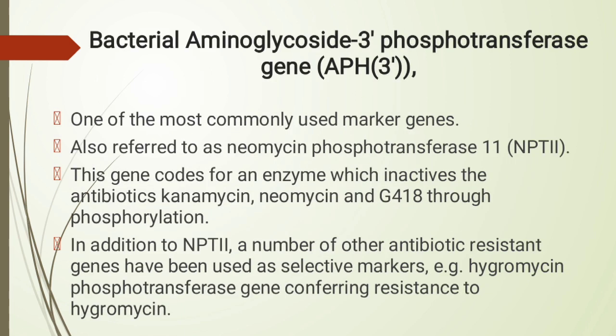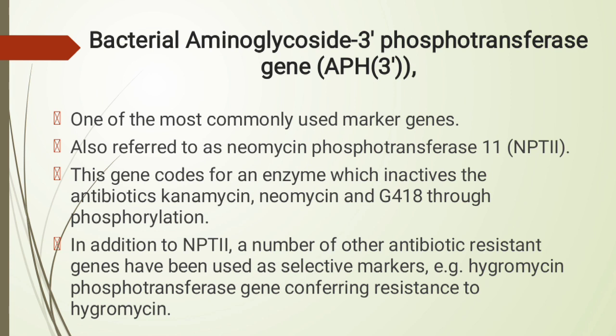The first marker is a bacterial aminoglycoside phosphotransferase gene. This is one of the most commonly used marker genes, also referred to as neomycin phosphotransferase II, NPT II.